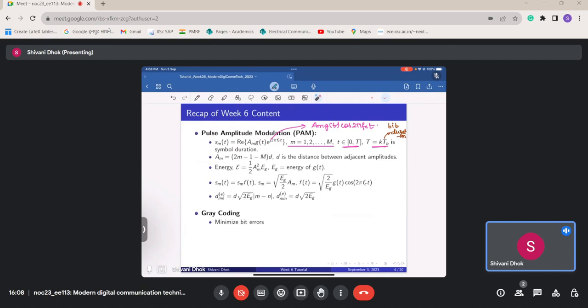And A_m is given by this formula here, that is (2m − 1 − M)d, where d is the distance between adjacent amplitudes, or to be precise, 2d is the distance between the adjacent amplitudes. Then the energy for this pulse amplitude modulated signal was calculated, which came out to be half A_m squared E_g, where E_g is the energy of the g(t) signal, that is the pulse shaping signal.